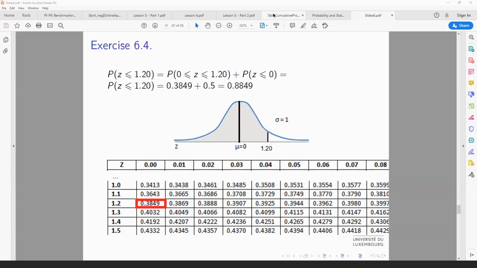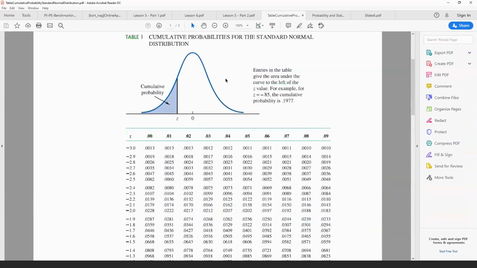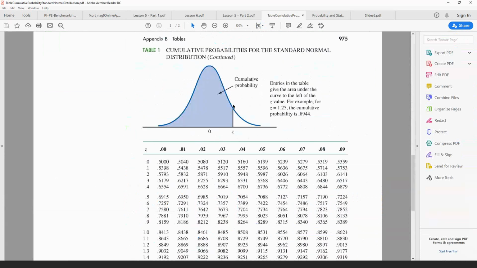Also regarding your question, please take a look, for example, at the table for two tails. Here you don't need to do the decomposition, because they calculate the area. For example, if it's 1.27, you don't need to do the decomposition, because in this table they represent the total area of the blue shaded zone.